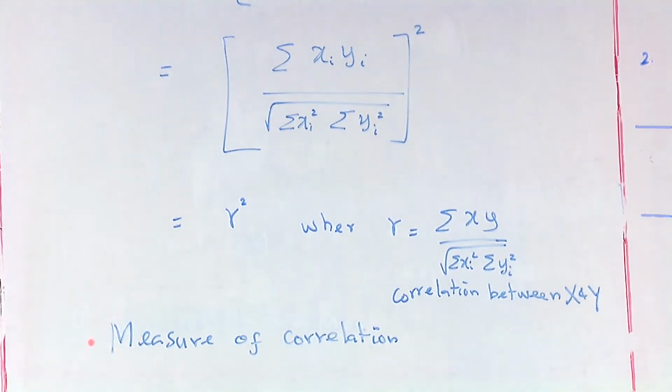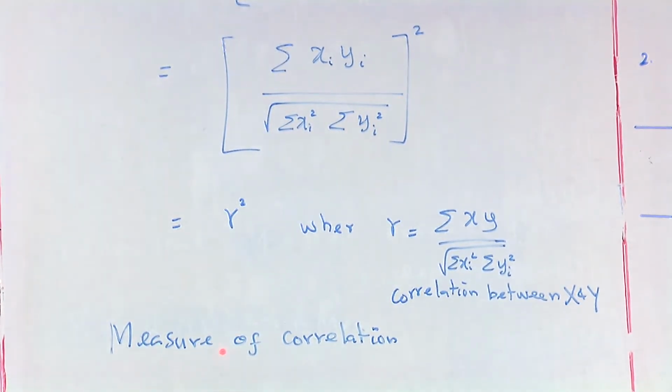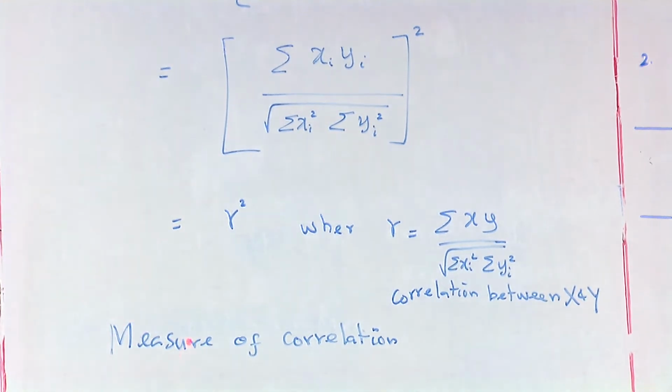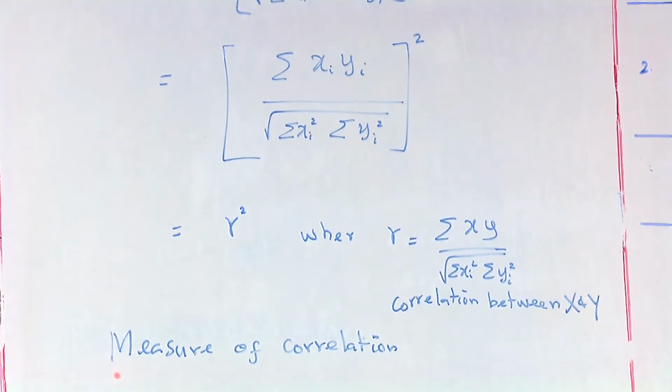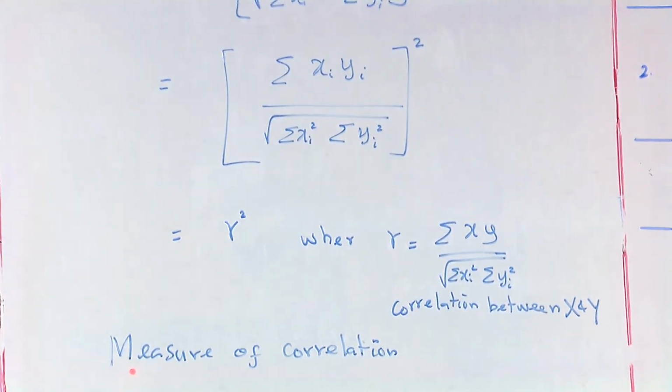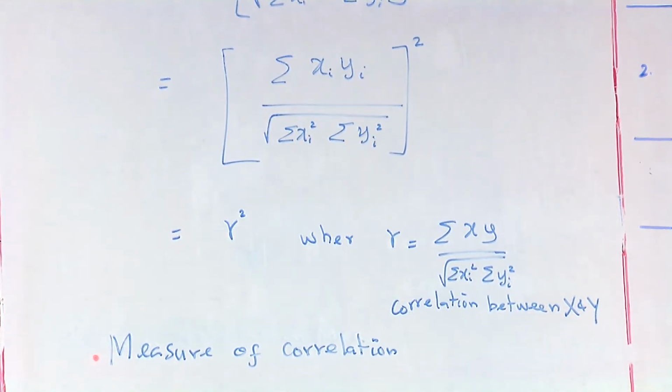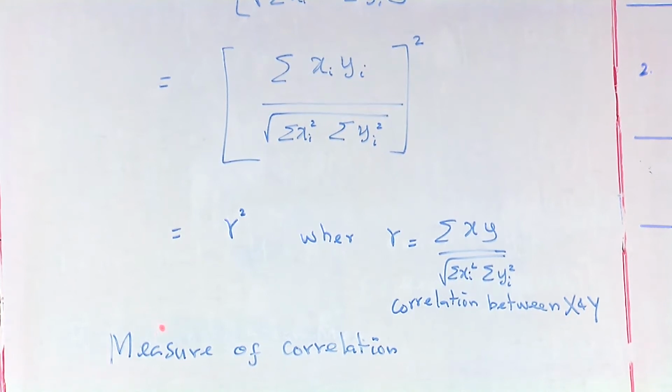So R square may also be taken as the measure of correlation. The more the correlation, the more is the relationship between x and y; the lesser the correlation, the lesser is the relationship between x and y. So higher the value, more the relationship, and lower the value, the lower the relationship. Here R square is an absolute value, so you will not have negative and positive.